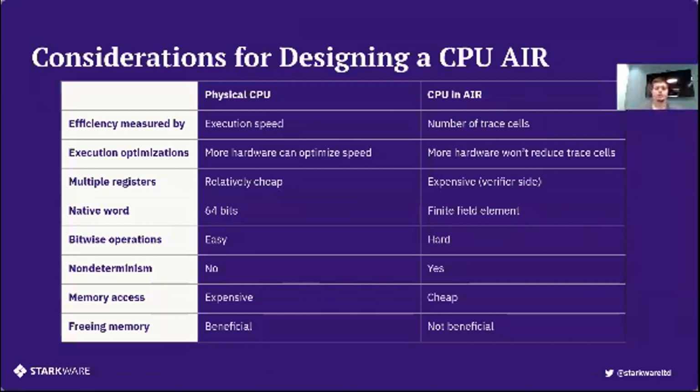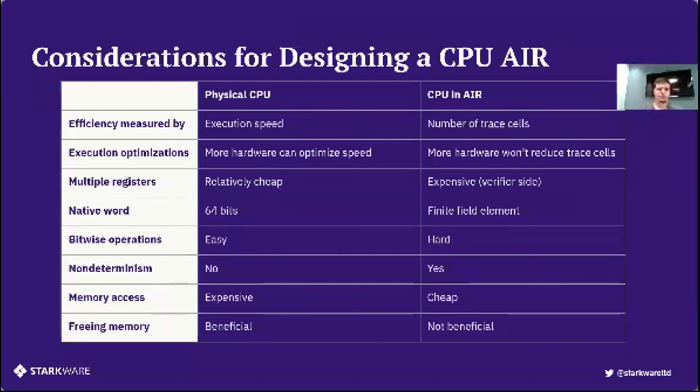So first of all, how we measure efficiency in physical CPUs is mostly the execution speed, how much time it took to run some computation. In AIR, the main metric we use is the number of trace cells. This leads to the following observation.